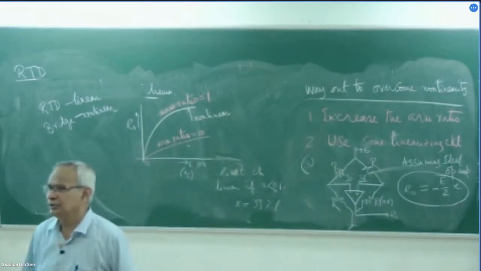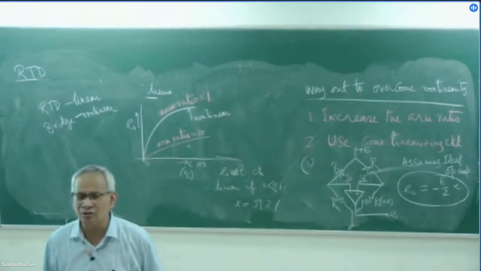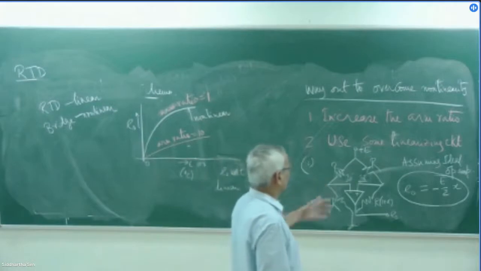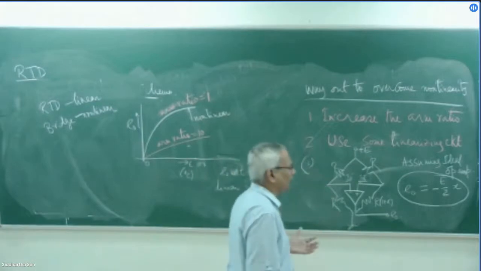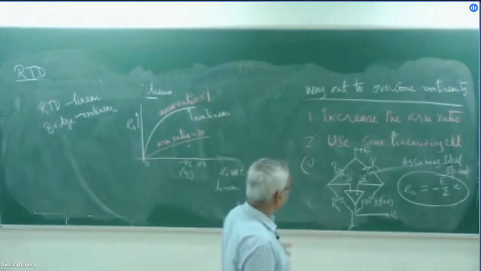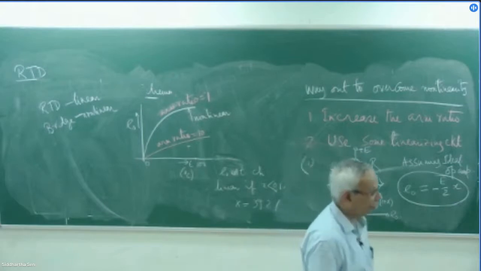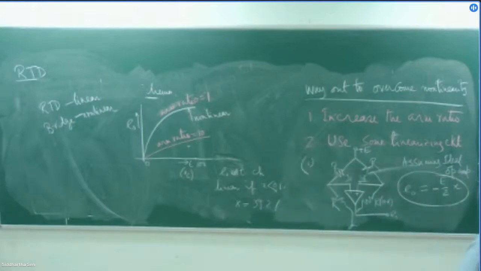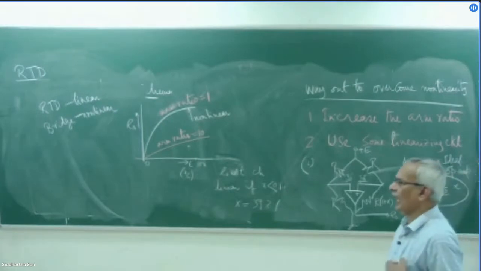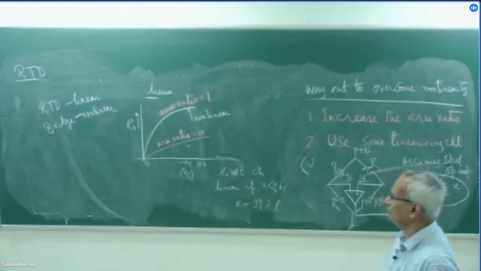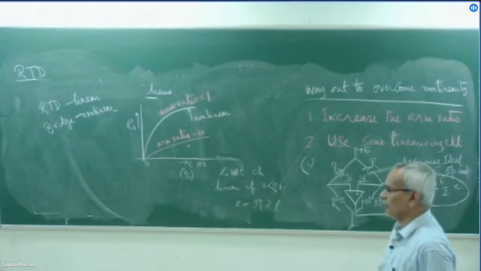So this may not be a very good scheme. Theoretically it is fine, but if you do it, you may find it is not exactly linear, and some more errors may crop in. So we will look for a few more circuits and schemes where the bridge can be linearized, and the overall bridge will be much more linear.